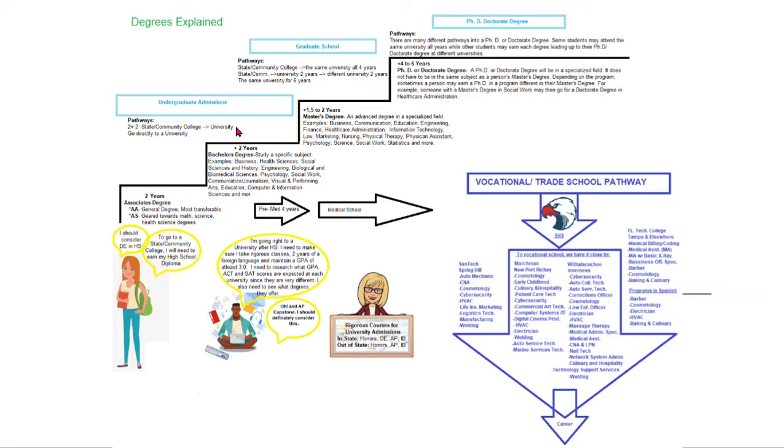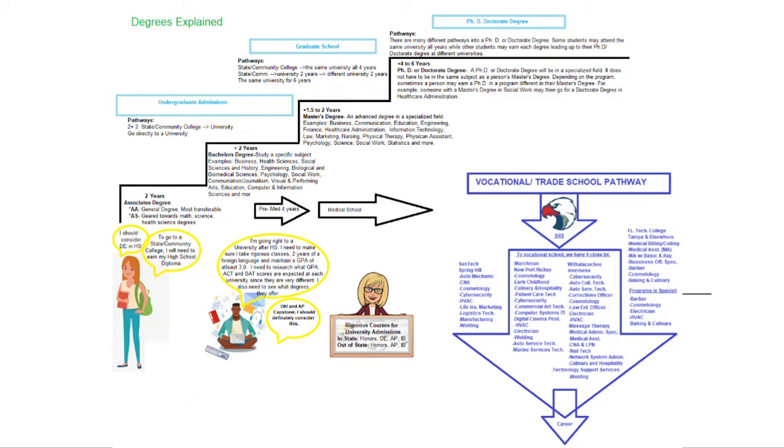About half of our students at the school I work at are going to go with a 2+2 pathway, which is where we start out at a state or community college for 2 years, and we earn what's called an AA degree, which is a general degree. It's the most transferable degree to any 4-year degree, or earn an AS degree, which is an associate's in science, which is geared towards a math or science or health science degree, which would then transfer into a Bachelor of Science degree.